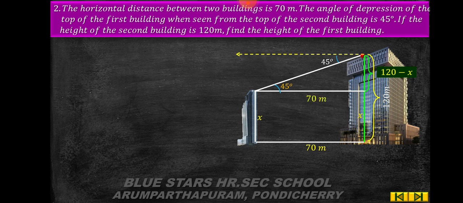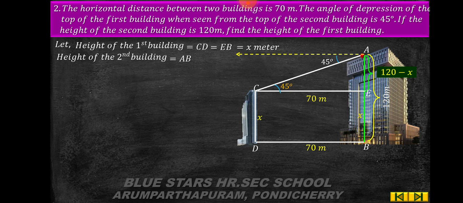Then if the height of the second building is 120, then the remaining part is 120 minus x. Then name the points A, B, C, D and E. So from A to E you have 120 minus x. Let the height of the first building be CD equal to EB equal to x meter.